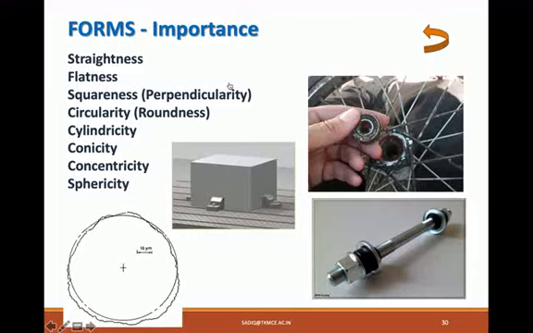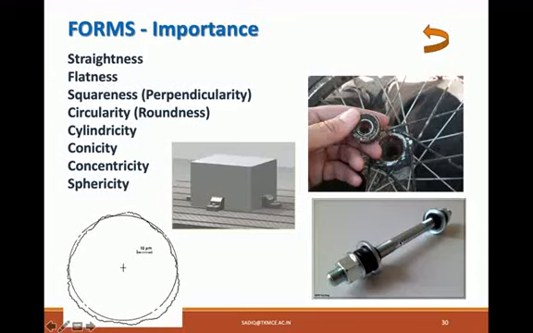Examples of forms are straightness, flatness, squareness, etc. We know that form measurements are very important, more so than the dimensions. I'll give one example. You have seen this kind of bearing in your bike wheels. So you have a hub, there is a bearing, and there is a hole in between.